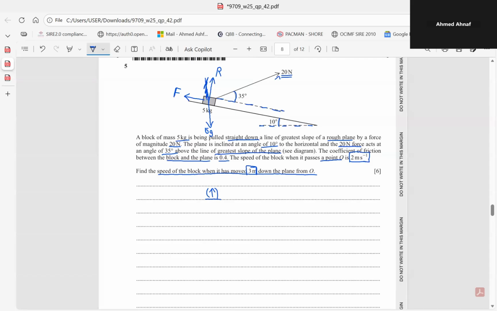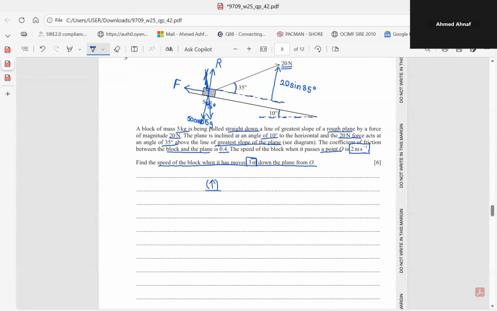I can see that the 20 Newton force has a component in the upward direction, which is just 20 sine 35. And the weight also has a component acting downwards. So this angle, if you have done enough mechanics questions, you would know it is 10 degrees. So this is just going to be 50 cosine 10 degrees.